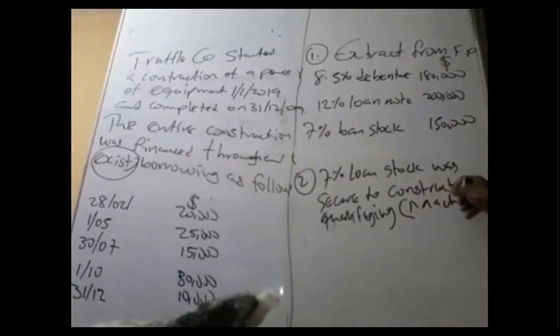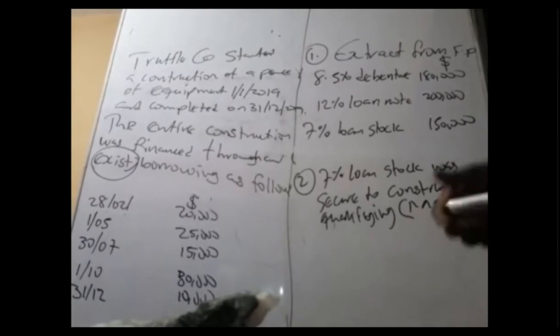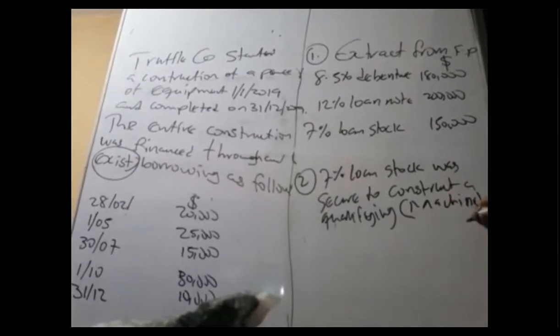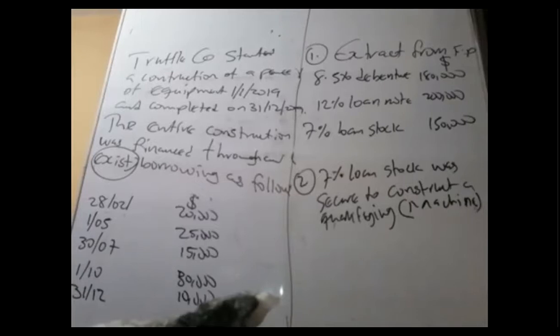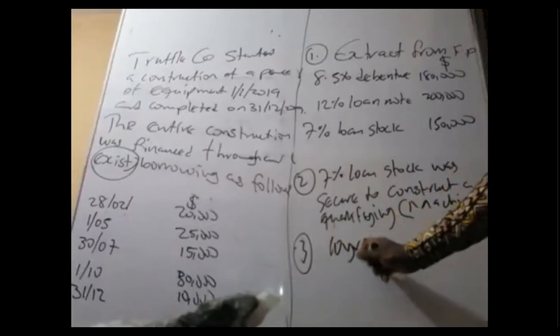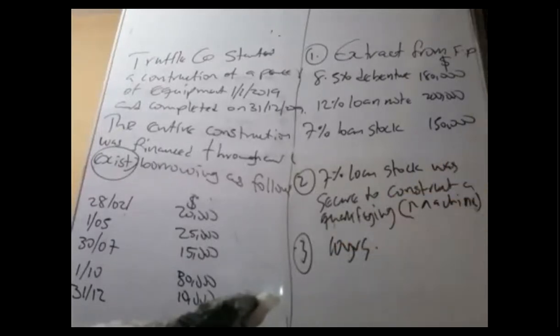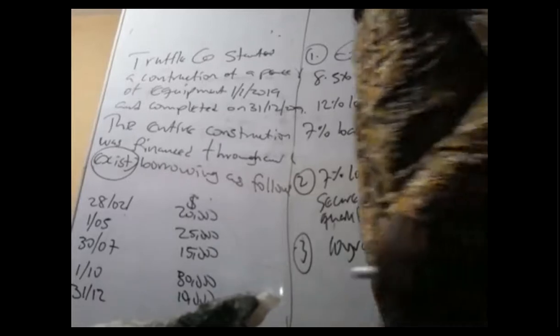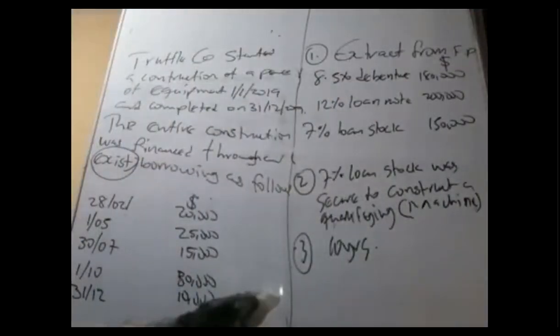You construct a machine. That is all. Useful life of this equipment is for 10 years. That's note 3. So take note. It has the same requirement as the previous one.